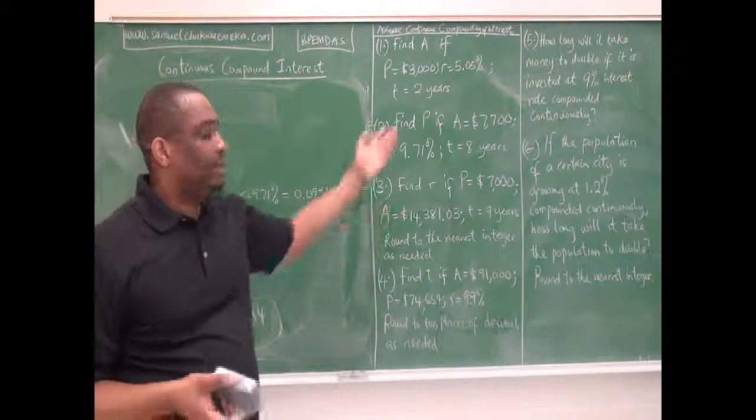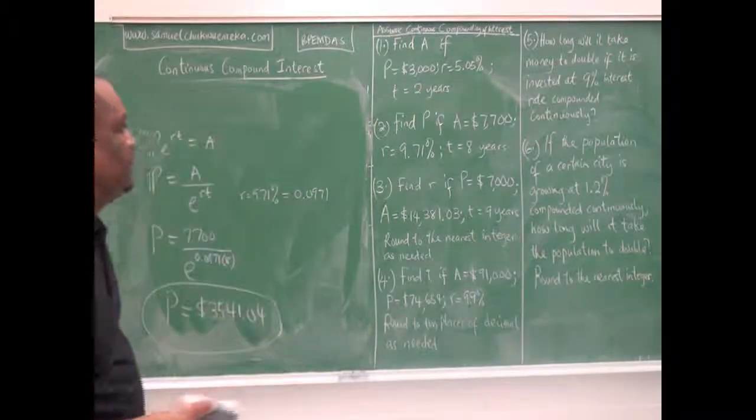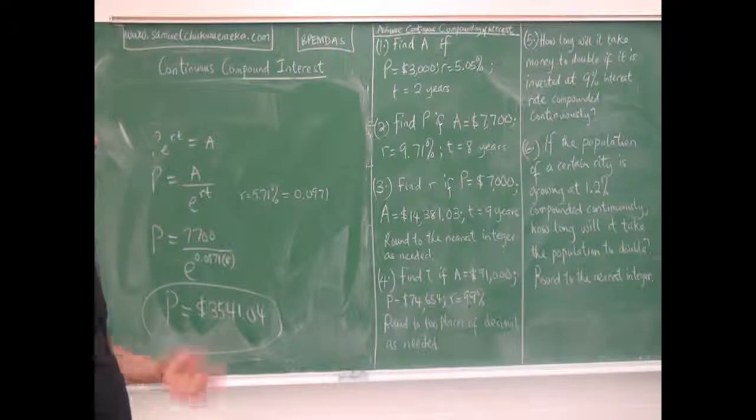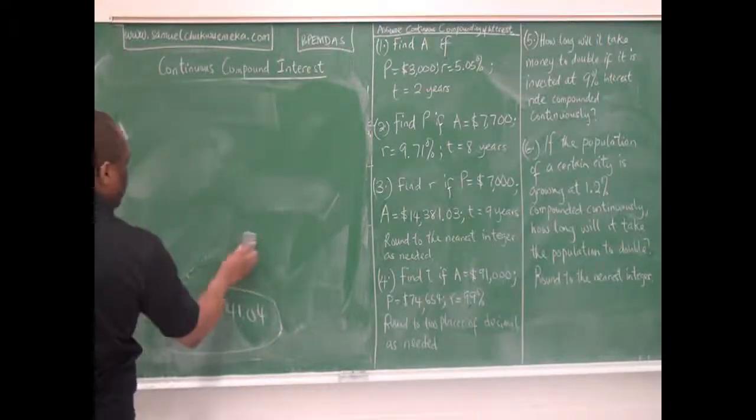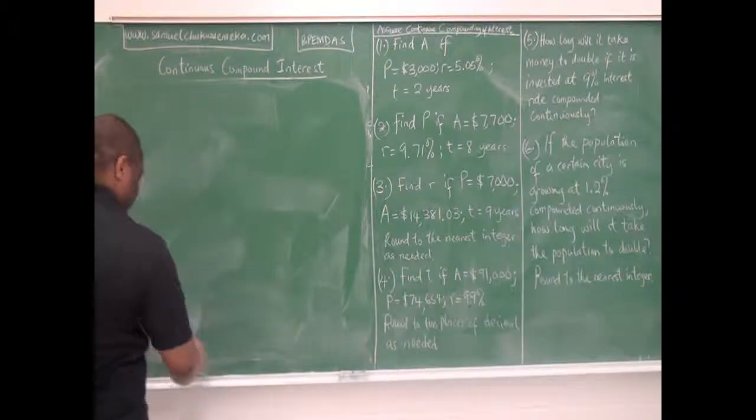So from 3,000 something to 7,000 something. So that's what it tells you. I mean, if it's compounded continuously. That's the interpretation.